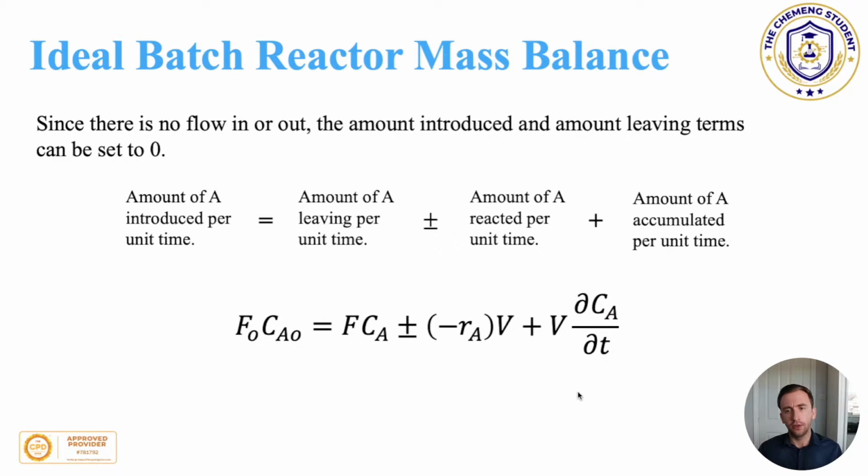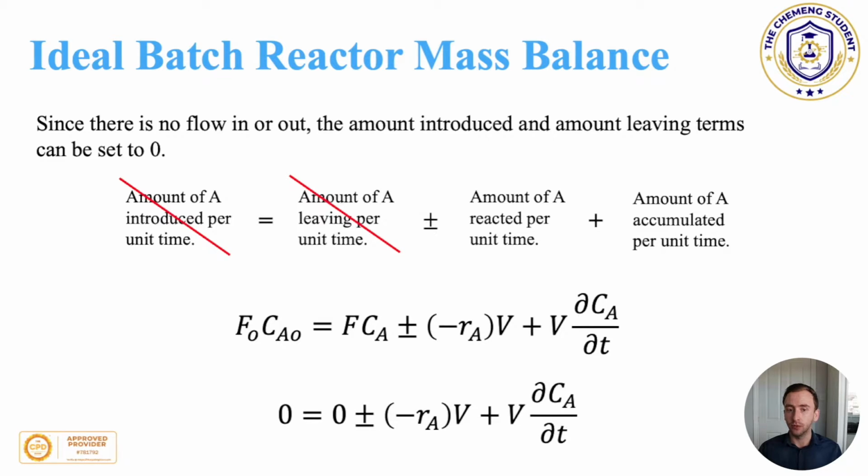Now, with the assumptions that we made, we can actually simplify this system a bit further, because we have no in or out flow to the system. Therefore, the first two terms can be removed.